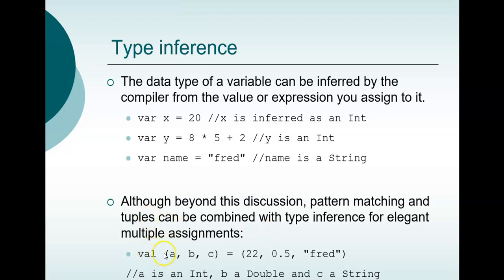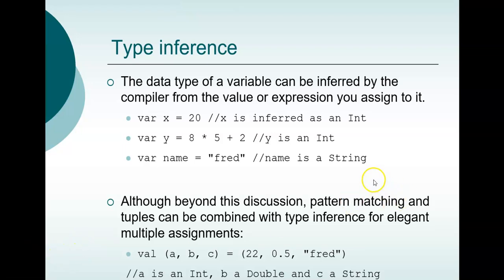So you can have val (a, b, c) equals (22, 0.5, Fred). So here the compiler will infer that a is equal to 22, so a is an integer. b equals 0.5, which means b is a double. Then c, which will be assigned Fred, meaning c is a string.